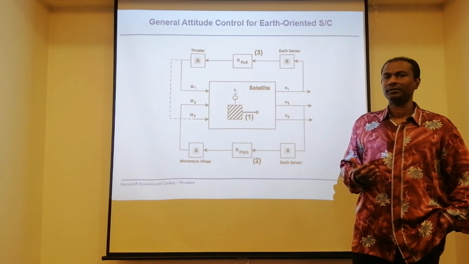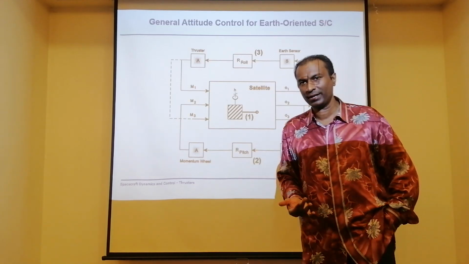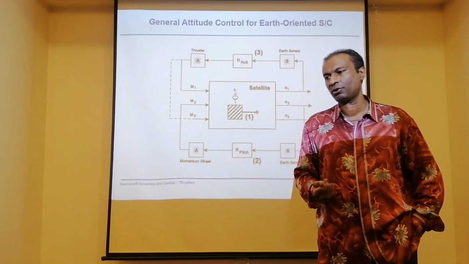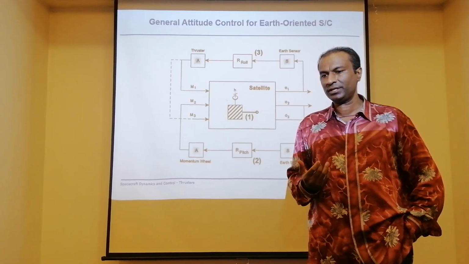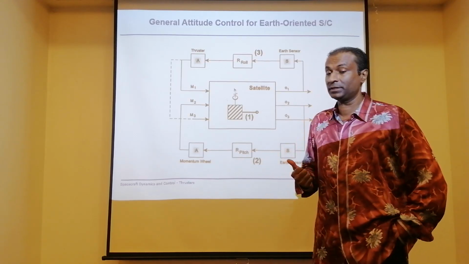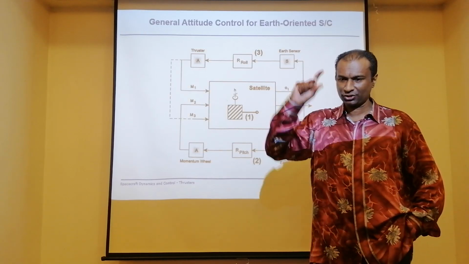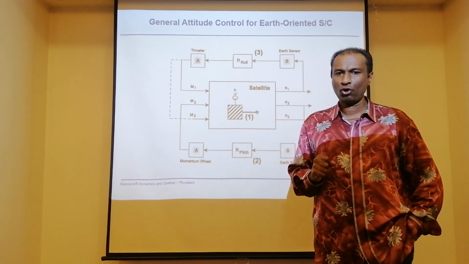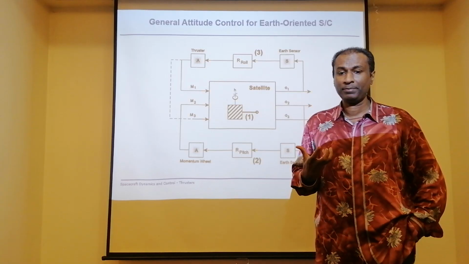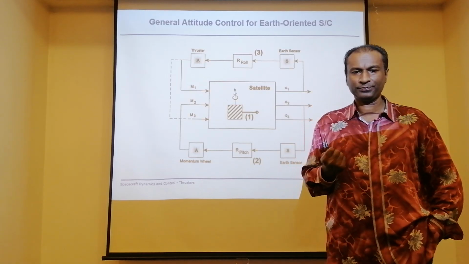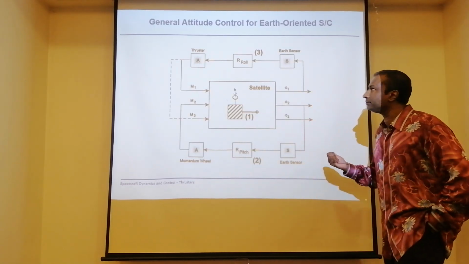It may not be the best option at the moment because you want to keep the cost low. You may want to keep the thrusters either for orbit control, translational motion, or maybe momentum dumping. Yes, it's possible.